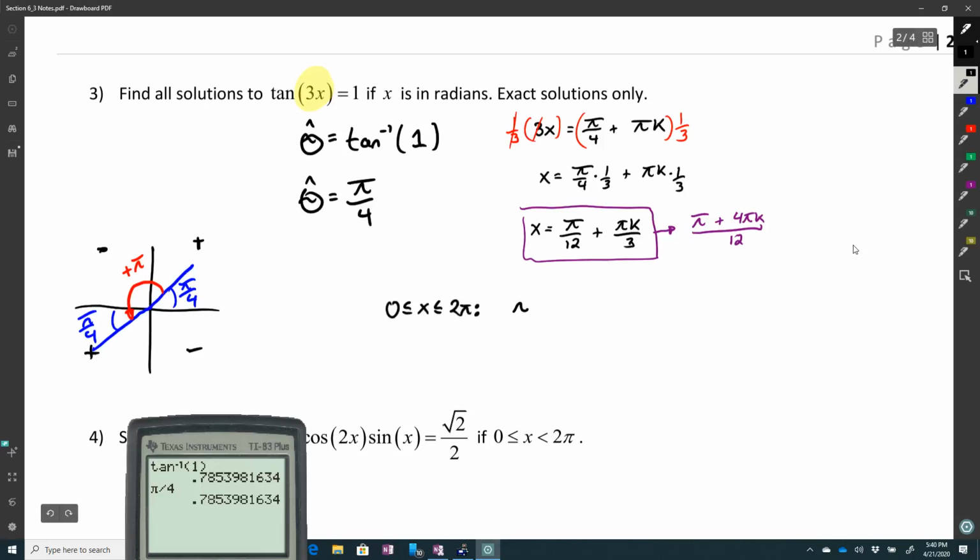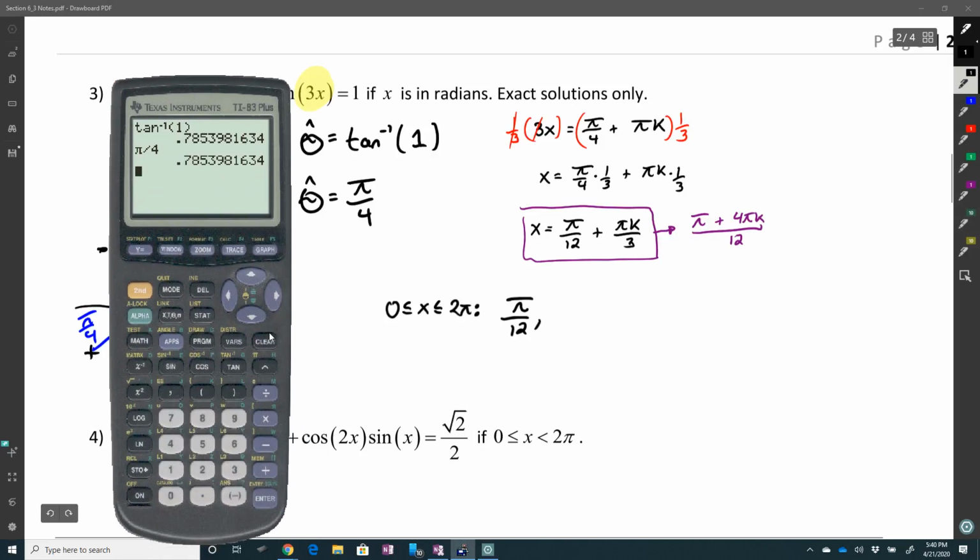So the first answer would be pi over 12, and then you would plug in a 1. I'm going to ignore the pi and just think of this as 1/12 plus 1/3, so this is k equals 0.